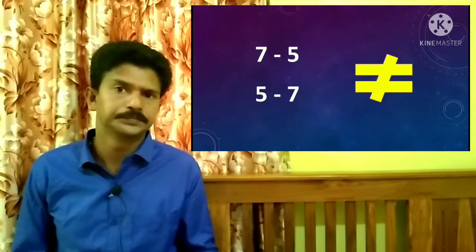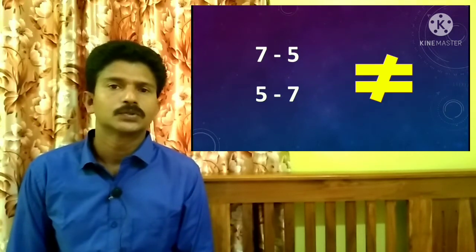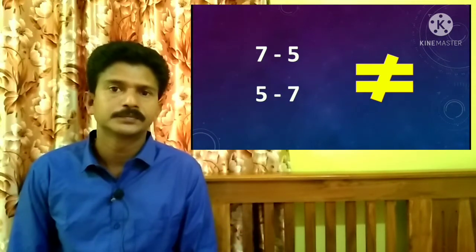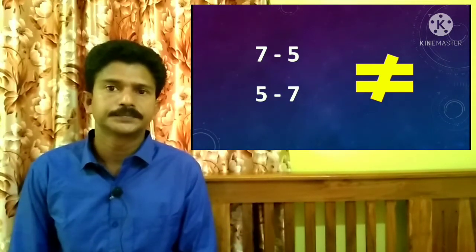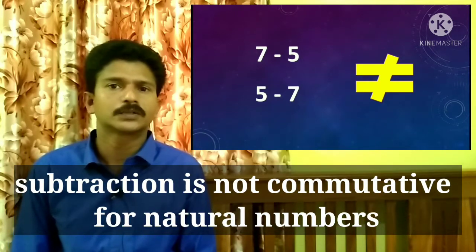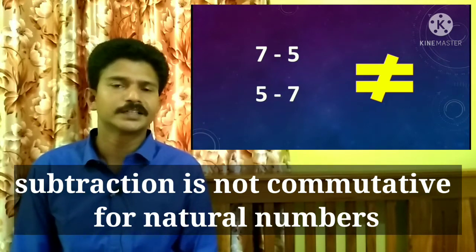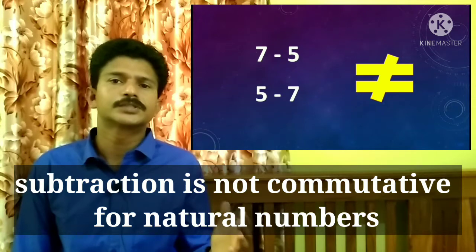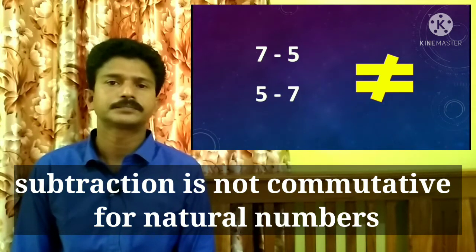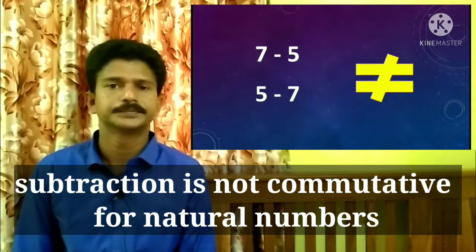No, it is not equal. When you change the numbers, the answer is not equal. So we cannot say that subtraction of natural numbers is commutative, or we can say that natural numbers are not commutative under subtraction.